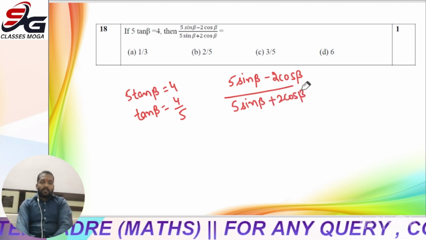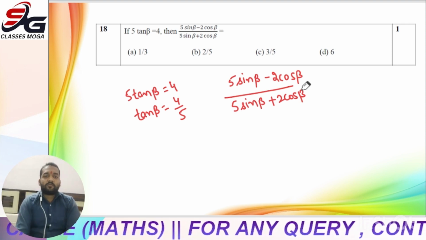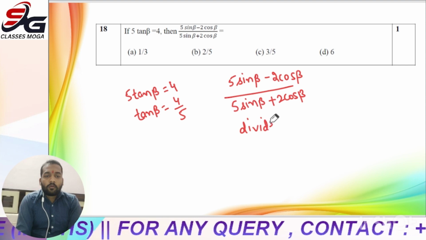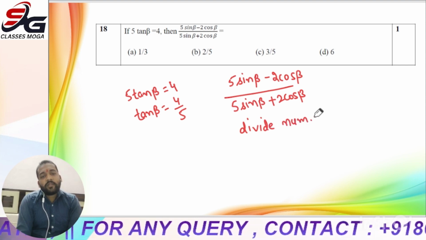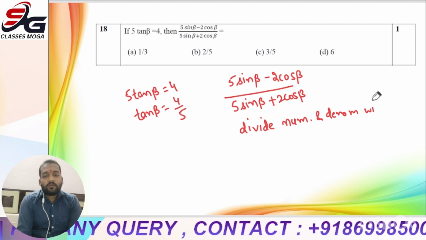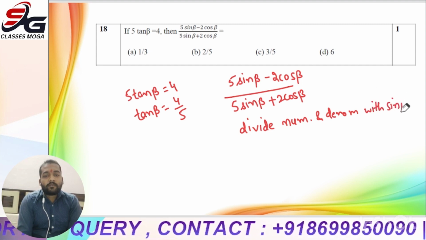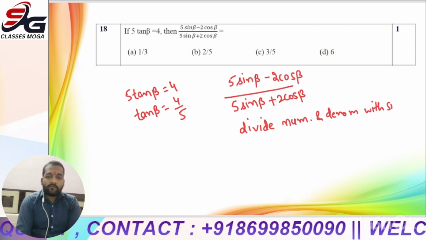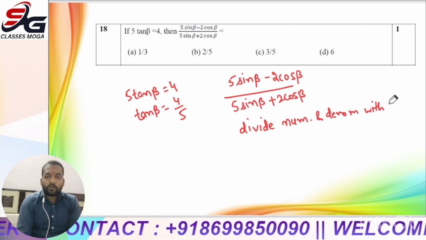So what is the method to find the value of this, student? You just divide numerator and denominator with cos beta.